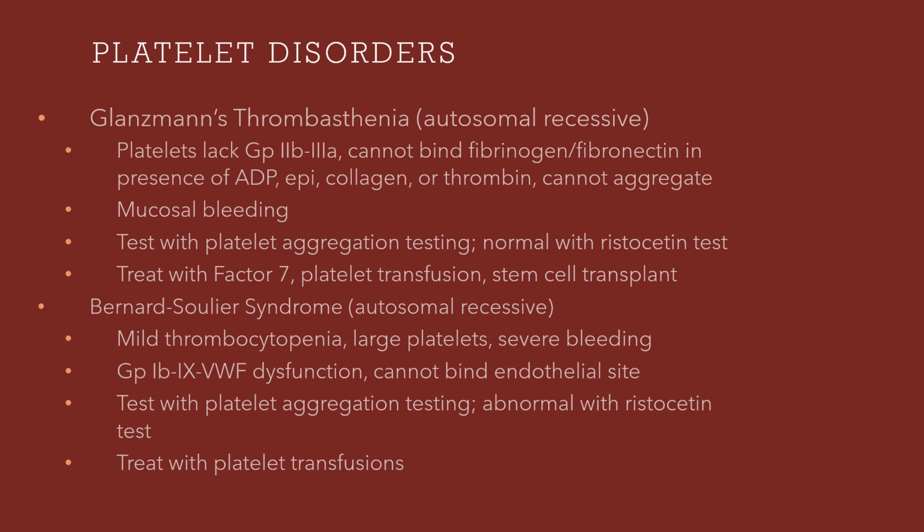This test would also have abnormal platelet aggregation, but because of the involvement of that von Willebrand factor, you would also have an abnormal ristocetin test. So ristocetin is abnormal with Bernard-Soulier and then with von Willebrand disease because it's looking for that von Willebrand factor function. You would treat Bernard-Soulier with platelet transfusions.